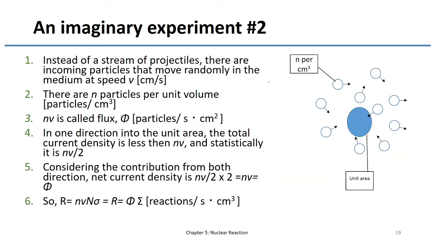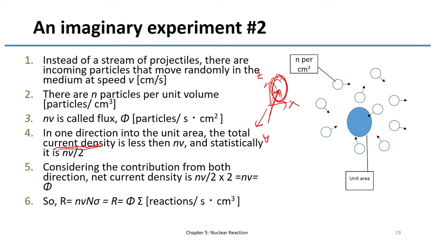If you consider the direction perpendicular to the surface, which is the y direction according to this Cartesian coordinate, and you think only of this direction, the negative y direction, then it is not the flux but the current density, because we said the current is moving only into one direction.